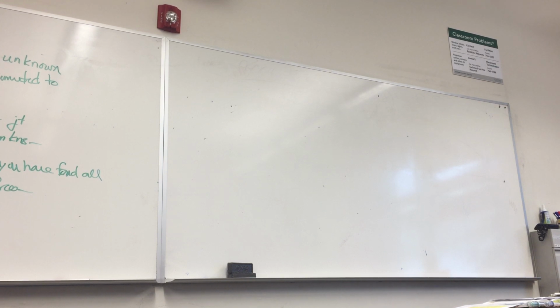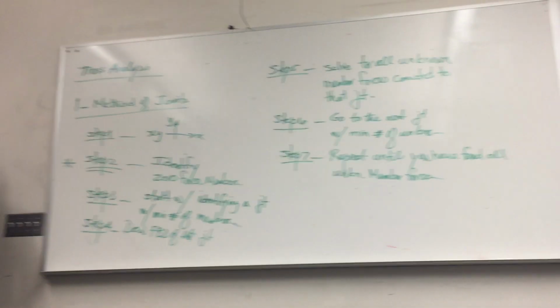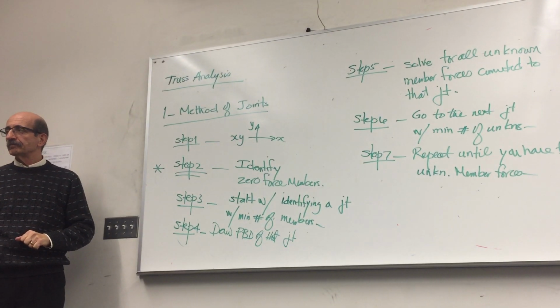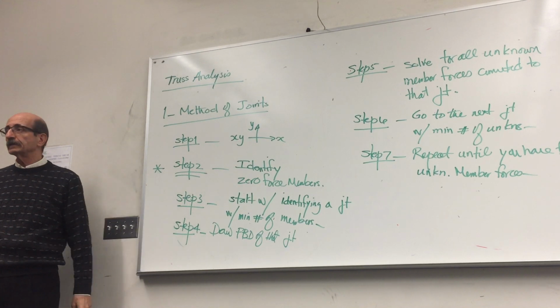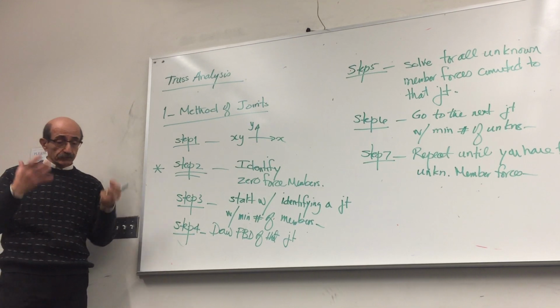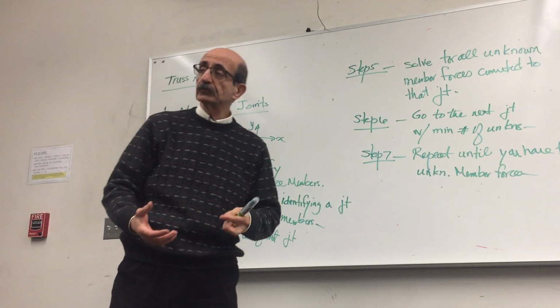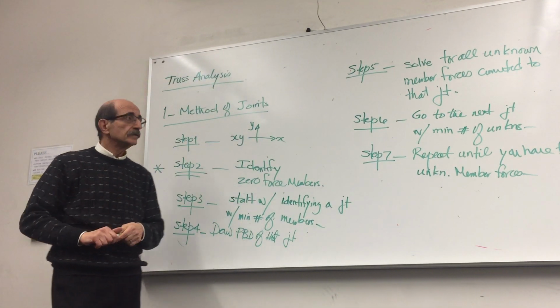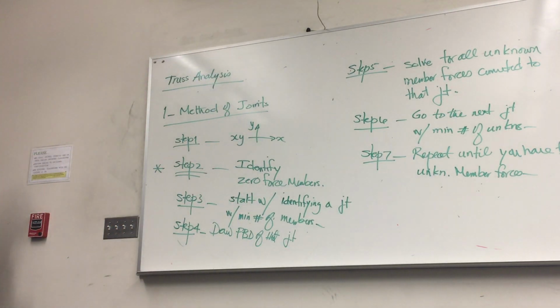You may or may not need them, depending on whether a support joint has the minimum number of unknowns to begin with. If not, who cares? Why should you find it? Or if the support reactions are such, which happens at times, that you may have to do that, but we'll talk about that. But that's not a necessary condition to solve a truss problem. You don't have to find reaction forces.